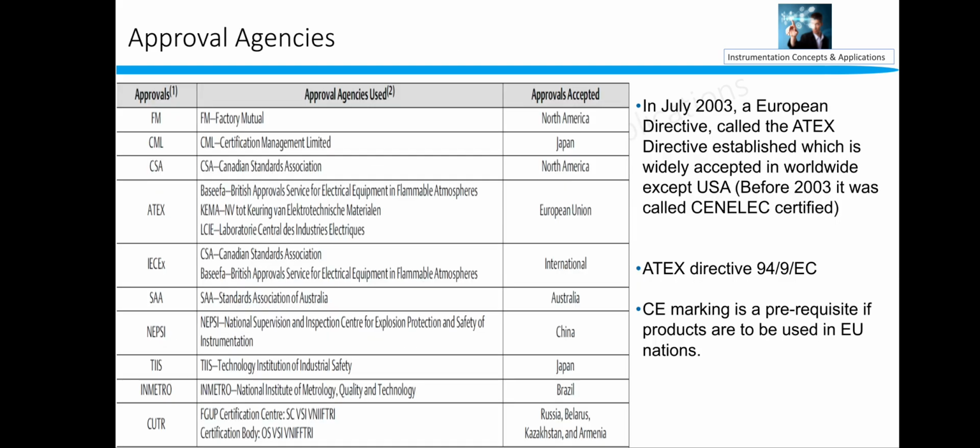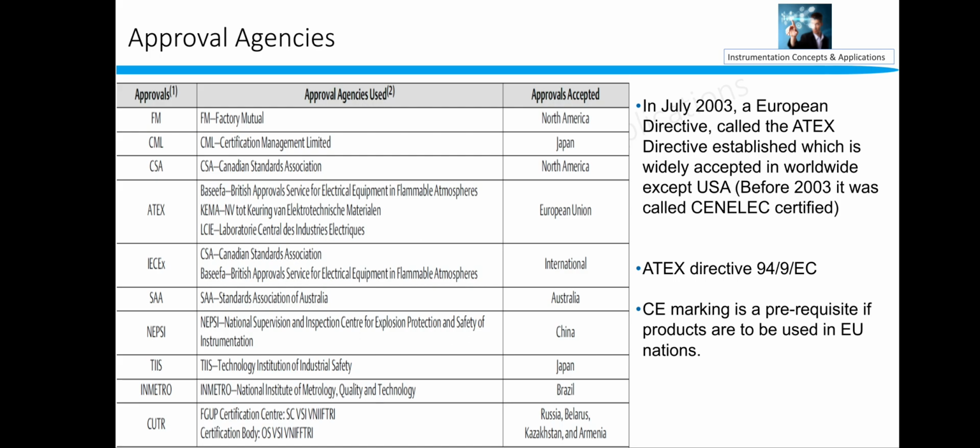Let's move further. There are also various approval agencies which certify any transmitter or electrical equipment to be used in a hazardous area. If you are watching this video from North America, then the approval agency will be different, and for Europe, Asia and other regions, some bodies are also internationally accepted.